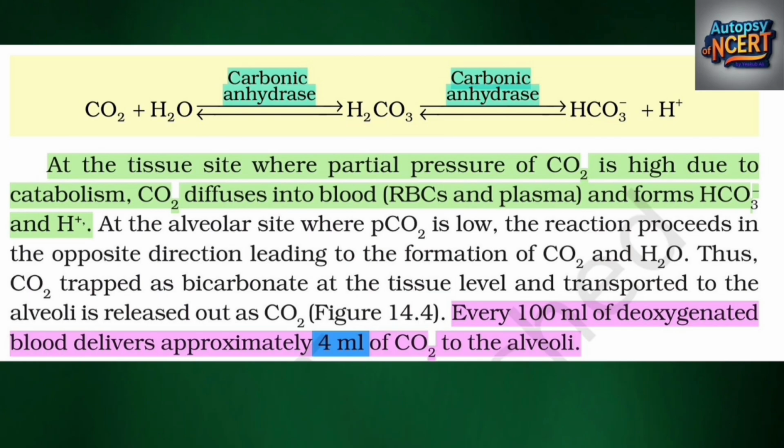At the alveolar site, where pCO2 is low, the reaction proceeds in the opposite direction, leading to the formation of CO2 and H2O. Thus, CO2 trapped as bicarbonate at the tissue level and transported to the alveoli is released out as CO2. Figure 14.4. Every 100 milliliters of deoxygenated blood delivers approximately 4 milliliters of CO2 to the alveoli.